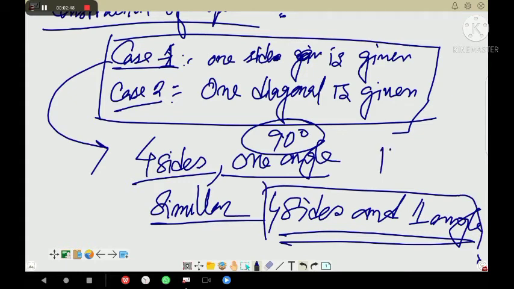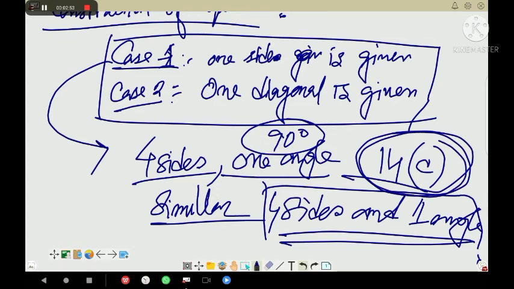In 14C we already know how to draw these types of quadrilaterals, so by using that concept you can draw it easily. I have given the link to the explanation of 14C in the description box.